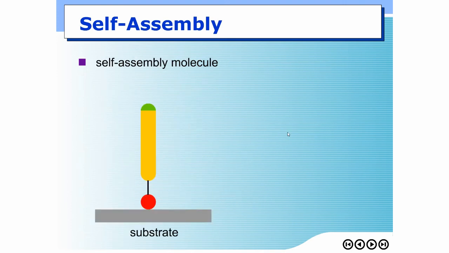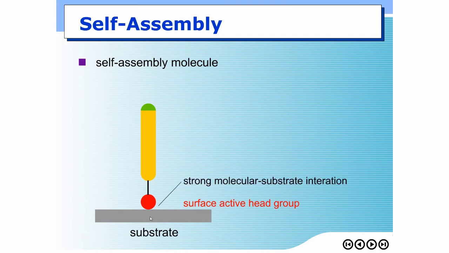The cartoon for this technique looks like this. If you have a molecule that has several functional groups, the head functional group here is supposed to be active to the substrate. Somehow this red group is supposed to like to stay on the substrate. You need to consider molecular interaction between this red group and the substrate surface.